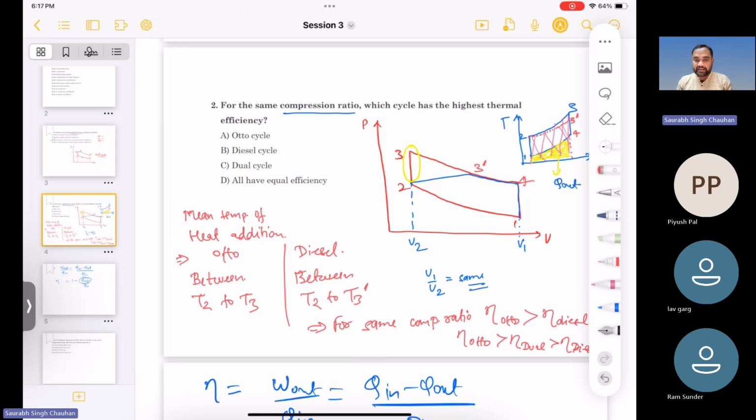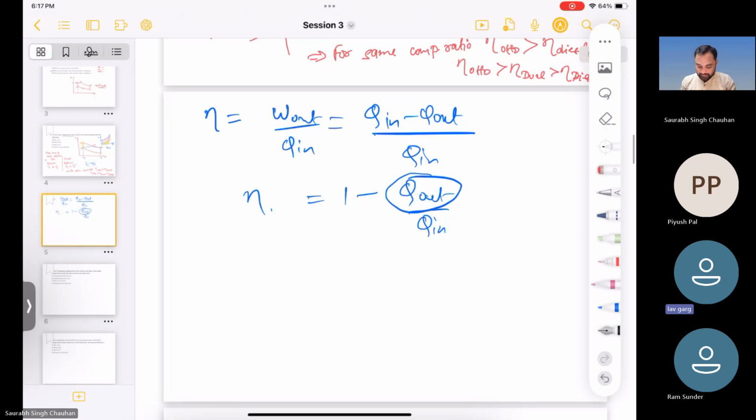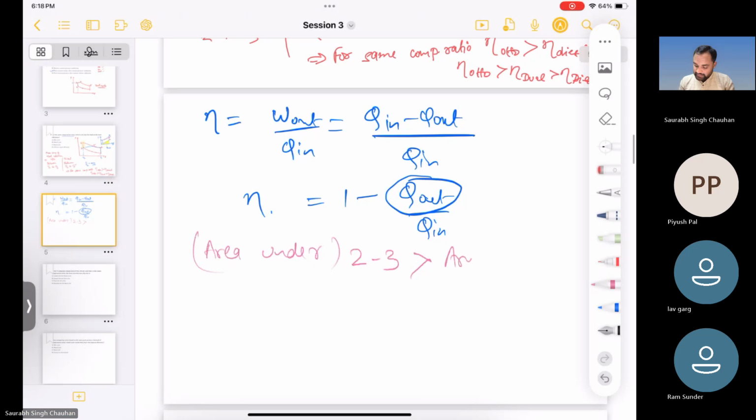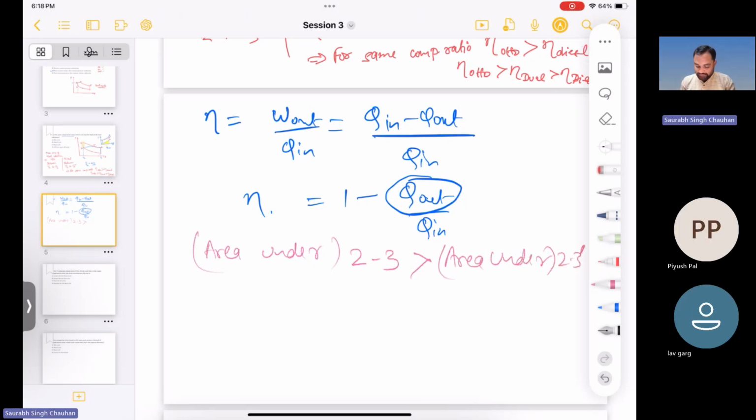You can see that the area under curve 2 to 3 dash is smaller compared to the area under curve 2 to 3. So the area under 2 to 3 is greater than the area under 2 to 3 dash.